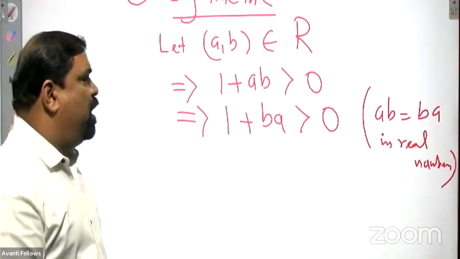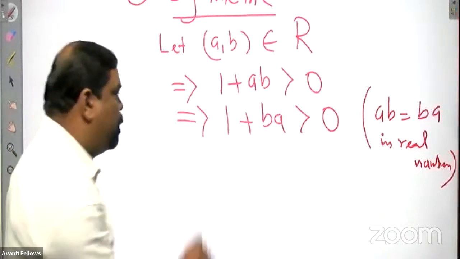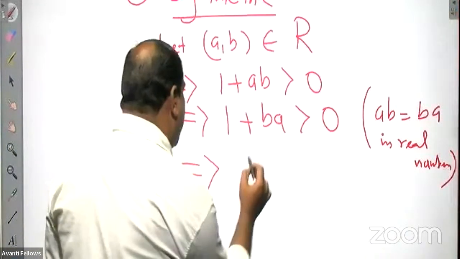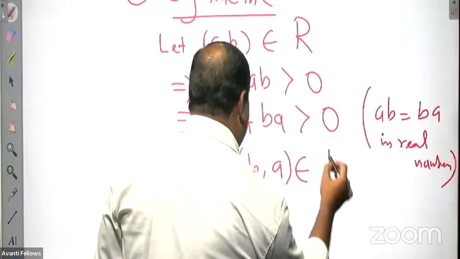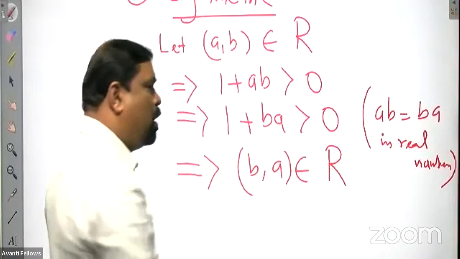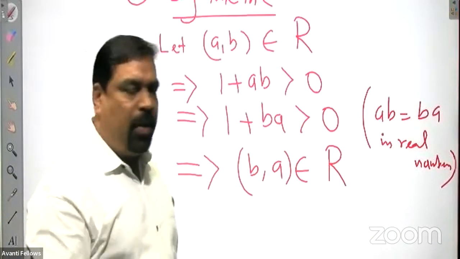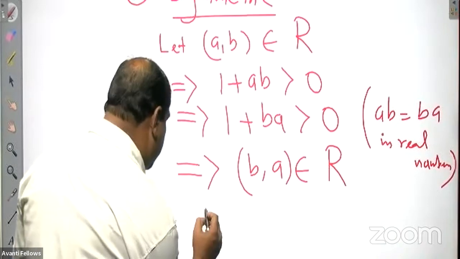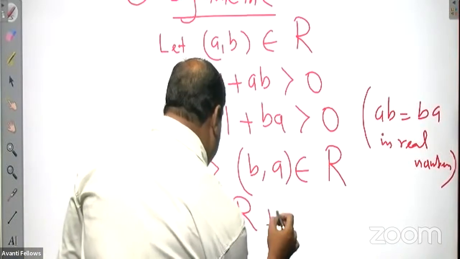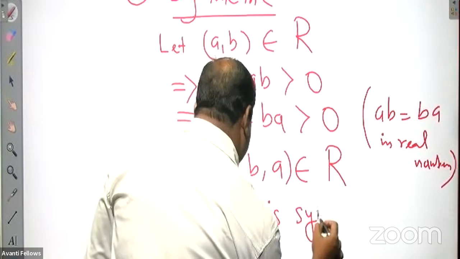So 1 plus BA is greater than 0. That stands for what? (B, A) is in the relation. This is the condition required for (B, A). That means it is symmetric. Therefore, the relation is symmetric.